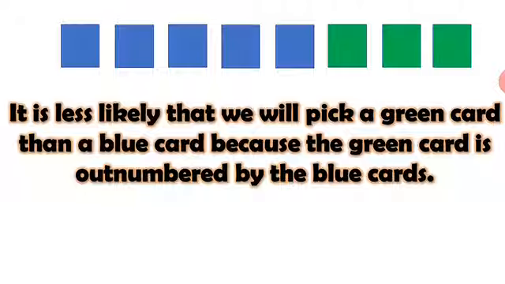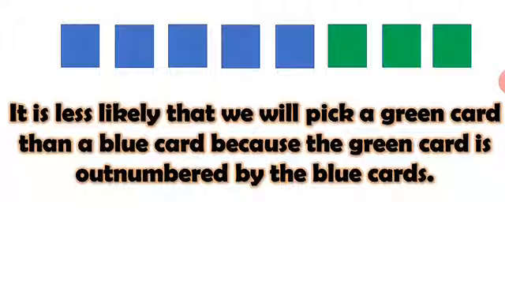In our example, it is less likely that we will pick a green card than a blue card, because the green cards are outnumbered by the blue cards. In short, there are more blue cards than green cards, so there is a lesser chance of picking a green card than a blue one.